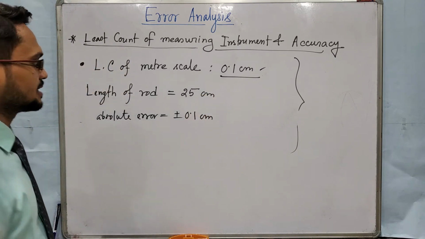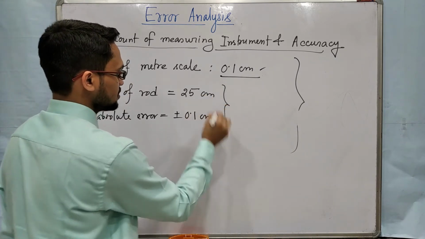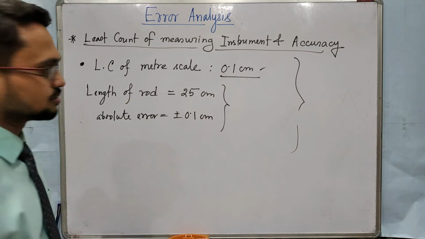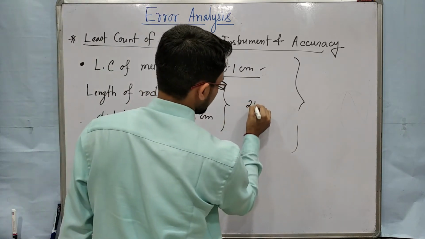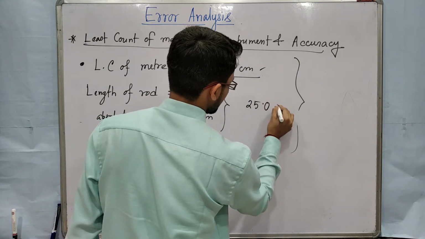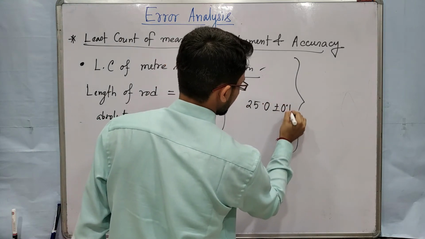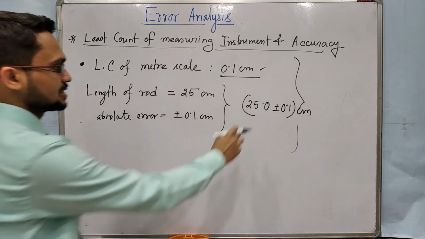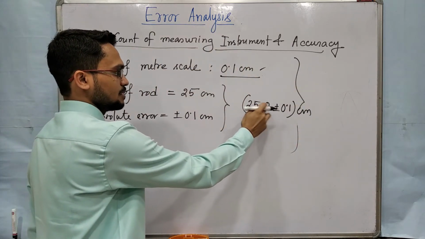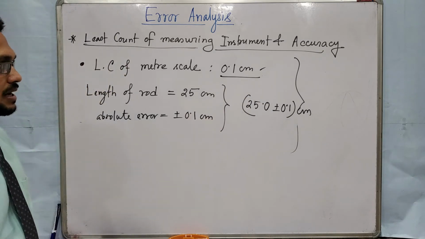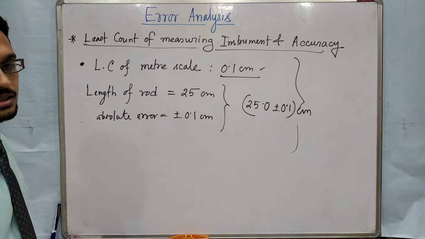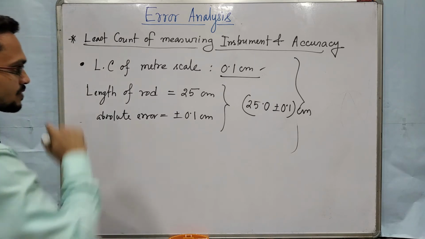So how will you express the length of the rod properly using error? So it will be 25.0 plus minus 0.1 centimeter. So after this decimal point we will take one digit. So 25.0 plus minus 0.1 centimeter.